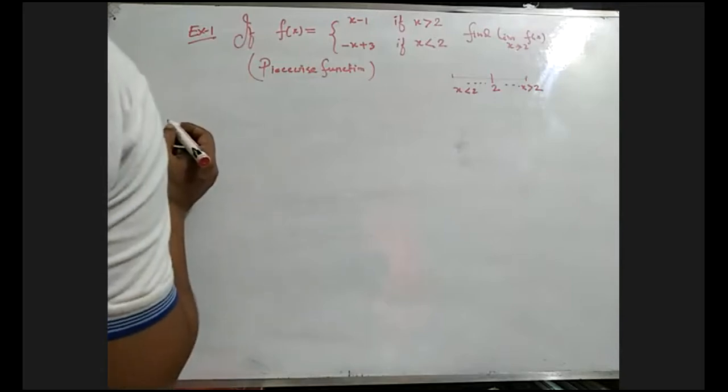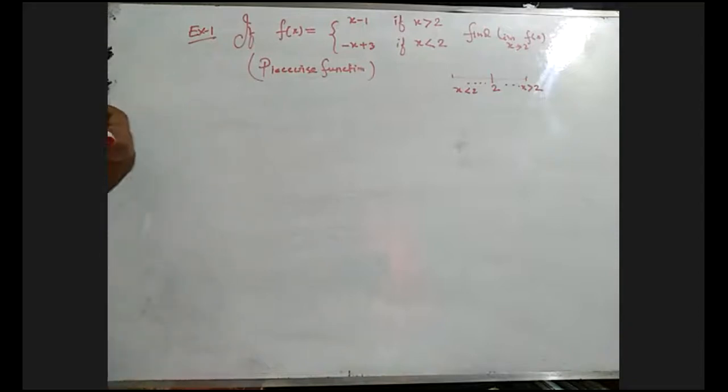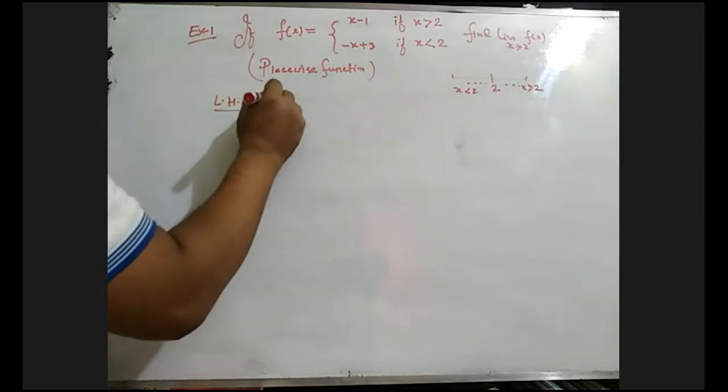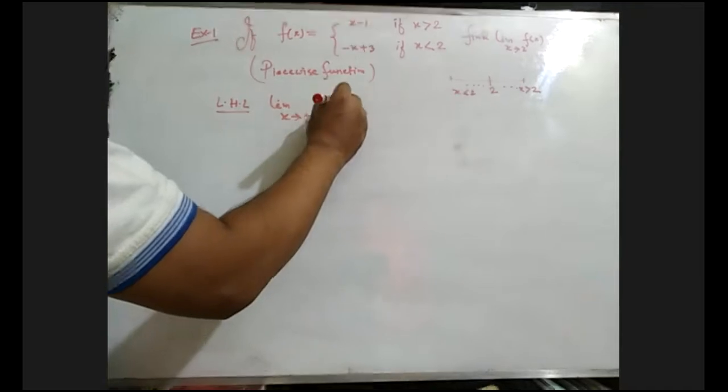So let us find the left hand limit. Suppose the left hand limit as x tends to 2 of f of x.